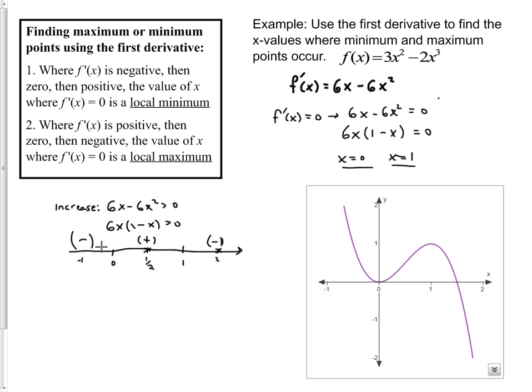So our inequality, 6x times 1 minus x is greater than 0, is true over the interval from 0 to 1. So we say that this function increases over the interval from 0 to 1. Okay, not bad.